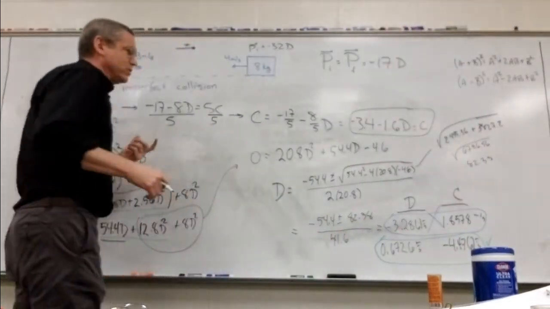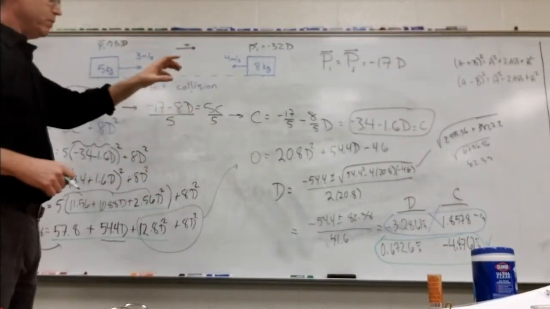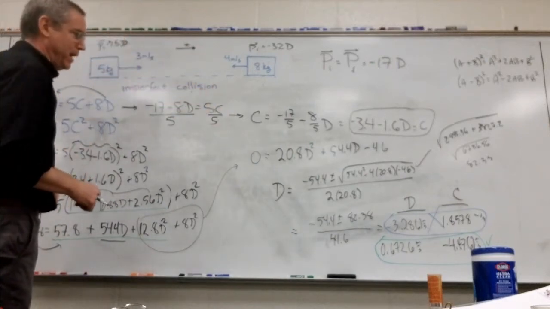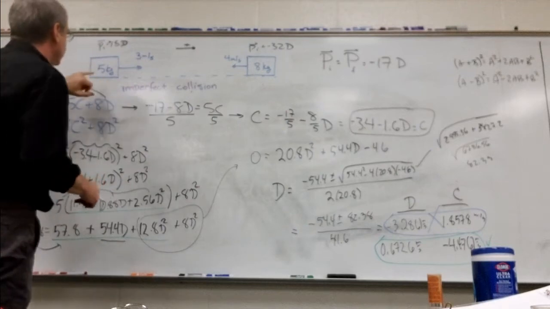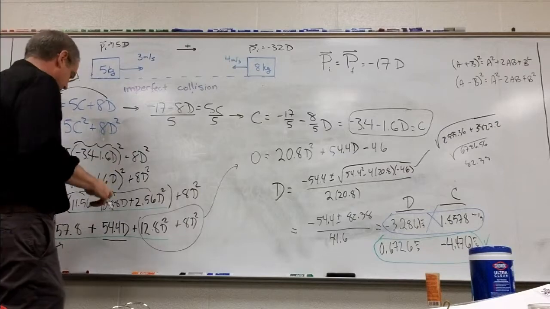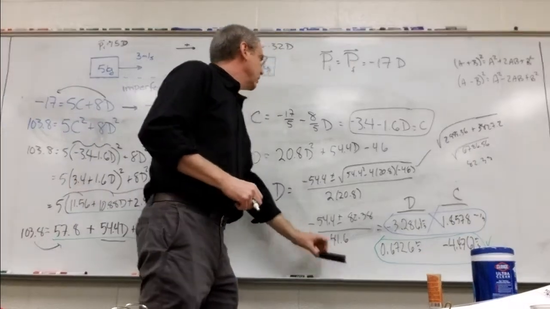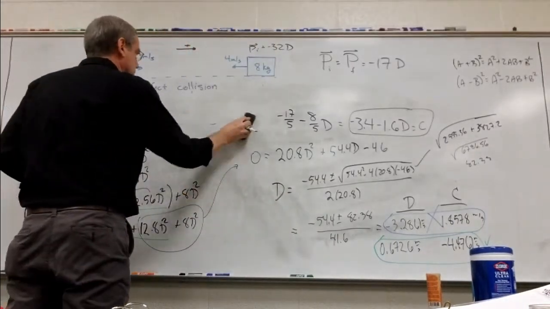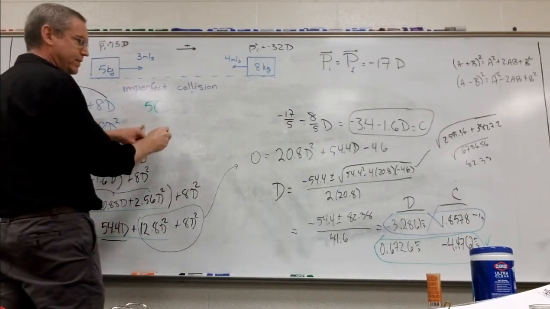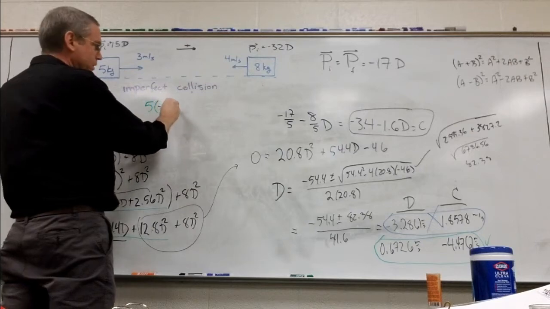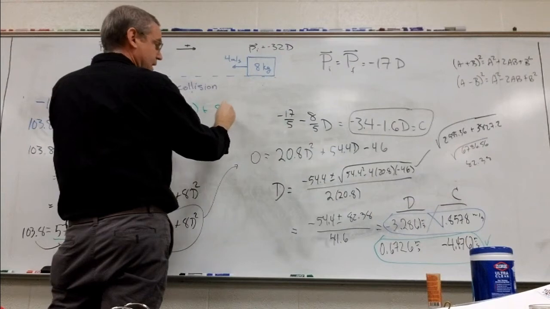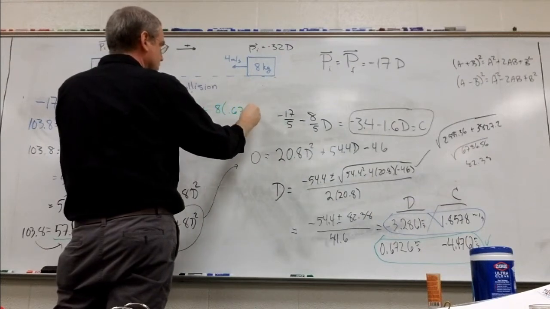We can check our answer just to see if it makes sense, and hopefully there's not a careless error in here somewhere, because that's a big pain to try to figure out where that mistake is. So after the collision, we have 5 times negative 4.4762 plus 8 times 0.6726.